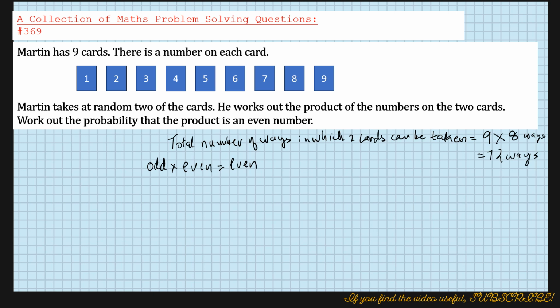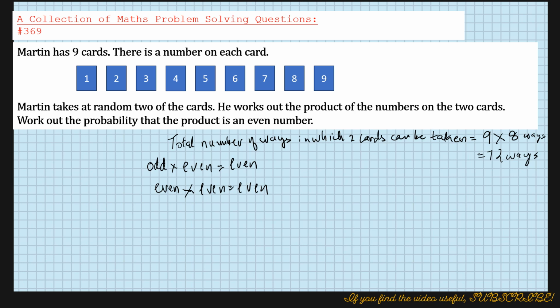As you can see, 2 times 4 is 8, or 2 times 8 is 16. So 1 times 4 is 4, or 7 times 4 gives 28. So odd multiplied by even is even. And also, if he had an even card, even times even would also be even.